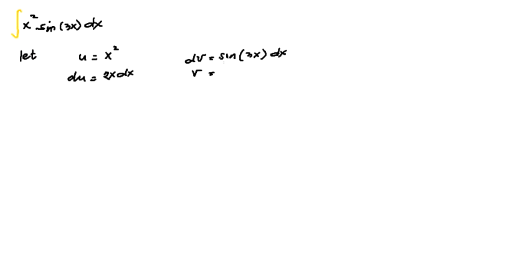Then the integral of sine is negative cosine 3x. The derivative of 3x is 3, so we need to divide by 3. So we have negative cosine 3x all over 3.